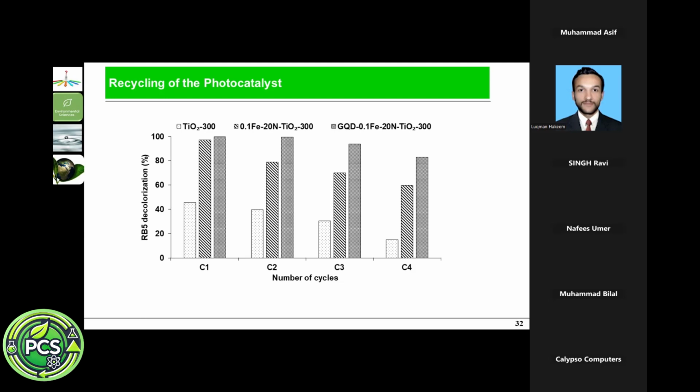Right now, one of my students is working on the photo decolorization of the same dye, and I will present it to you at some time. That is a really nice study, and your question is very related to that study. We used multiple salts as interfering ions, keeping the one contaminant that was RB5.